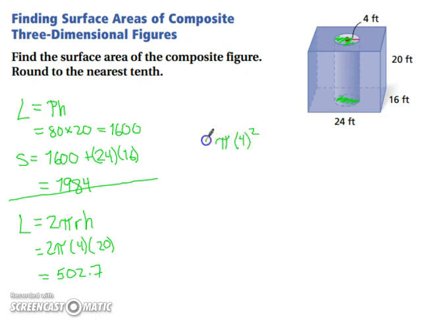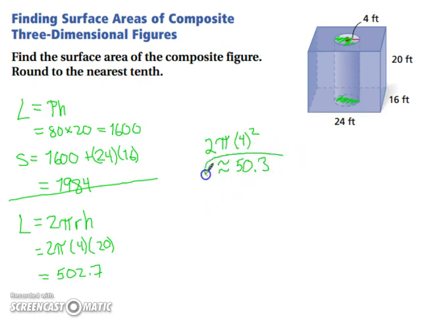And we have two of them, because we have one on the bottom that we have to get rid of, and one on the top that we have to get rid of. So we have 16 times 2, so we have 32 pi, which is going to give us about 50.3. We're not done yet.